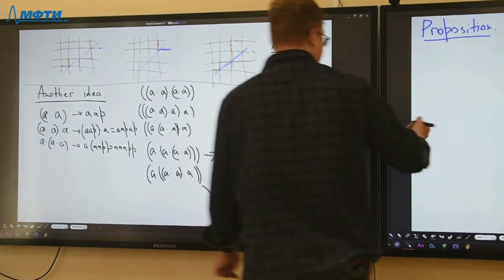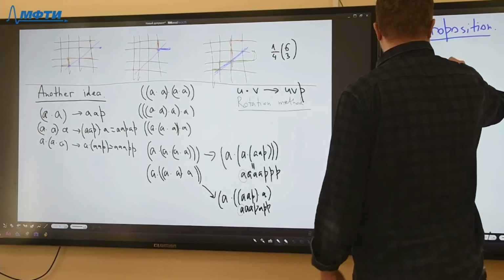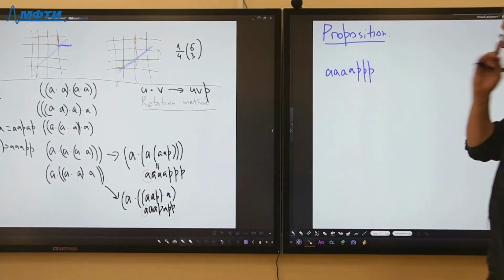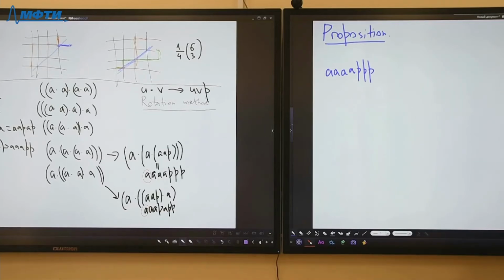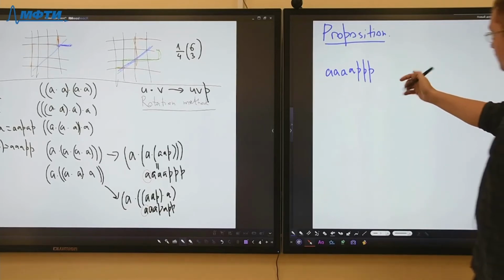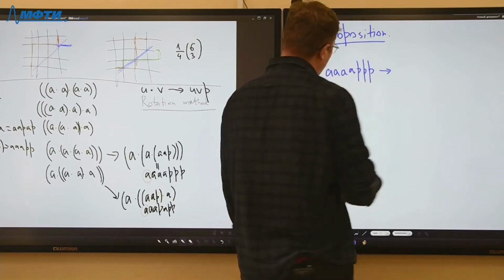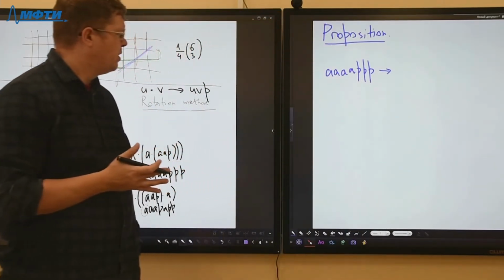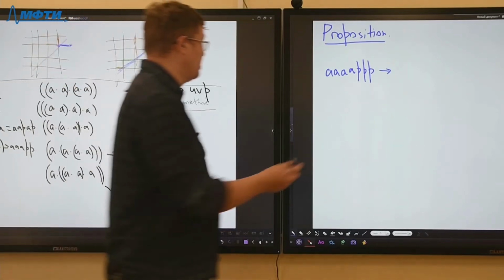So for example, if I have A, P, then, in different literature, it's called a circular shift.